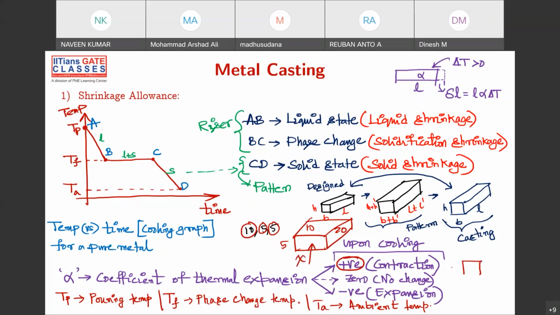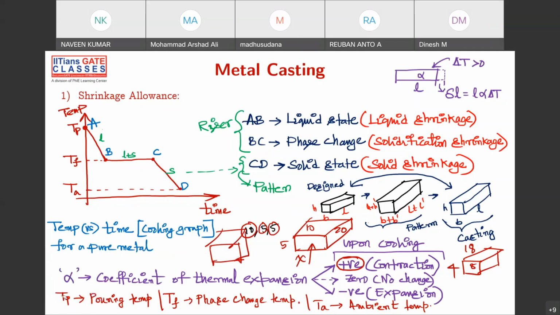It might form as some 4, or this might be 18, and this might be some 8, something like that. It will contract. So to avoid that, you increase some dimensions on the pattern, right?